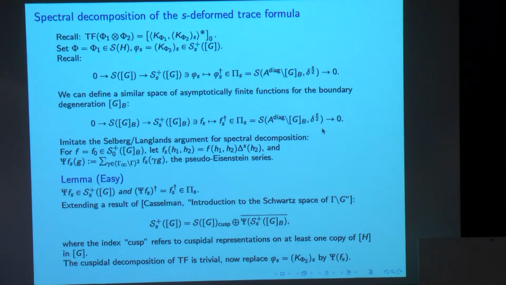Little phi s will be the kernel function for the other one modified. And I will use a dagger for the asymptotics of this kernel function. So the asymptotics of this kernel function lives in these Schwartz sections of a sheaf over GB mod A diagonal.